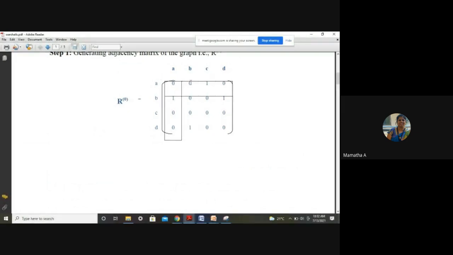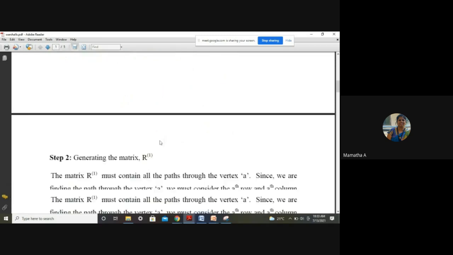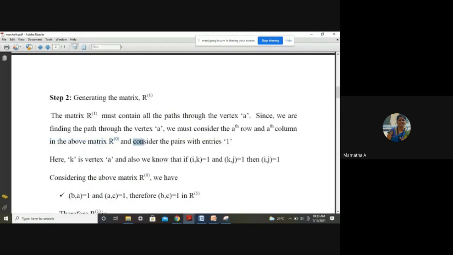You can observe I have blocked it. Using the previous matrix, you are generating R1. You should not consider all the entries, only the pairs with the entries 1.